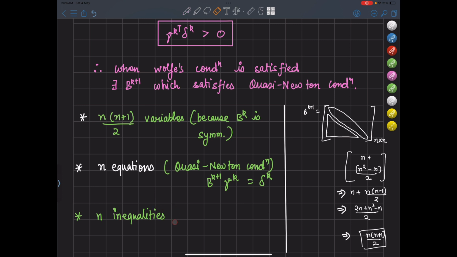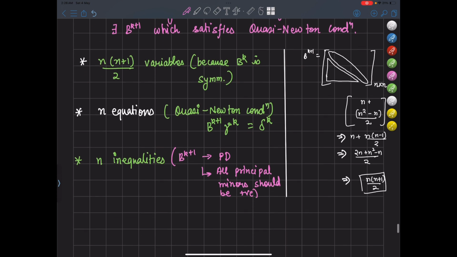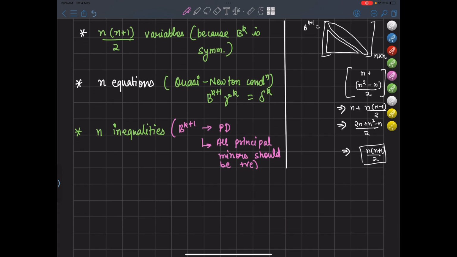Because bk plus 1 should be positive definite, which means all principal minors should be positive. All right, so all principal minors should be positive, which means we have n inequalities. This is the requirement for positive definiteness, please remember.